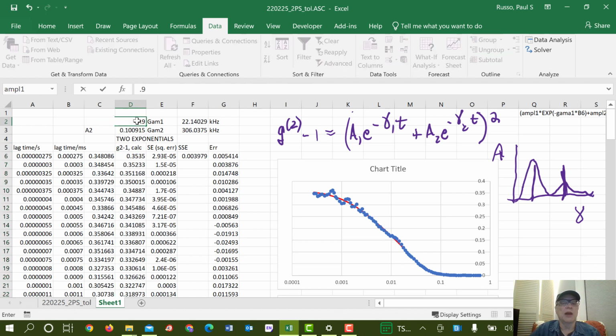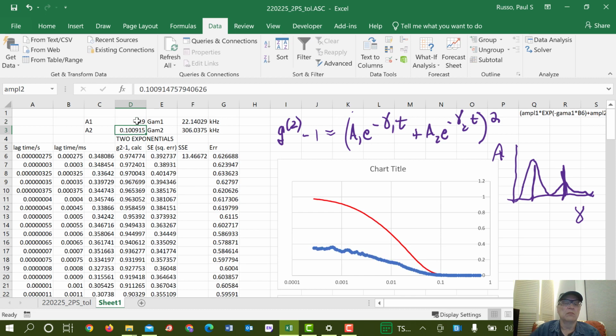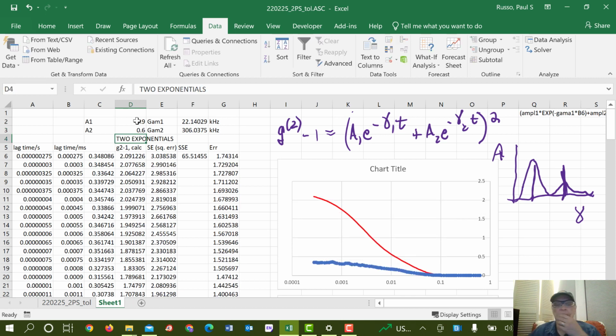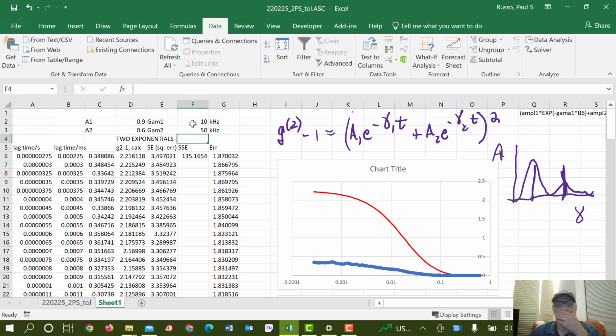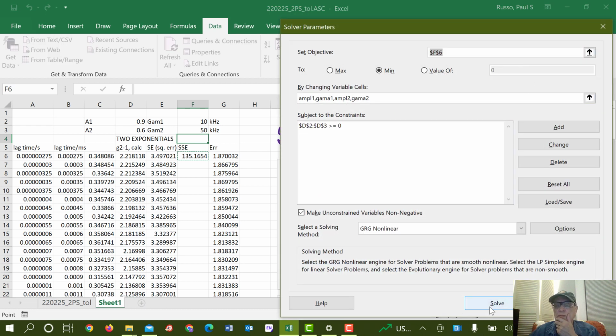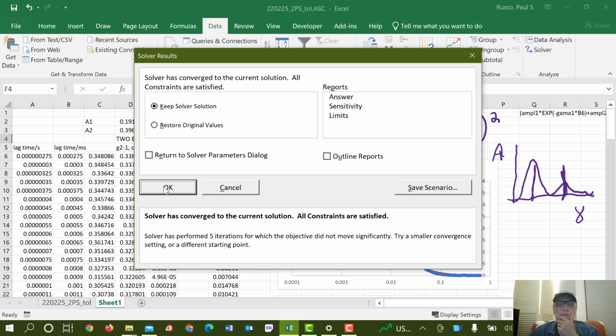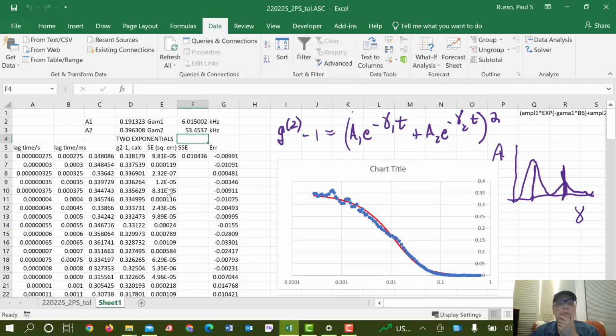Let's try 0.9 and 0.6. This is going to be absurd. Okay. And let's change this number to 10 and 50 and let it see if it can find the minimum from there. We shall find out. Yep.